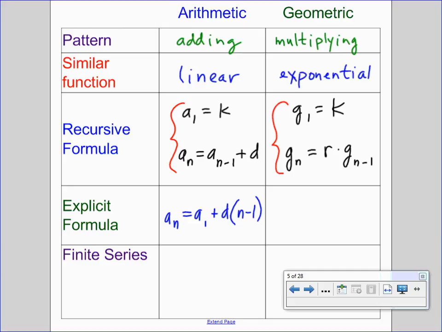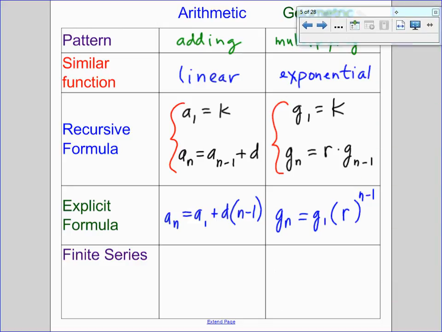My geometric explicit formula gives us the nth term in a geometric sequence by taking the first term g sub 1, multiplying it by my constant ratio r raised to the n minus 1. A finite series is just the sum of a certain number of terms in an arithmetic or geometric sequence. So for our purposes, a finite series would be the sum of the first n terms.